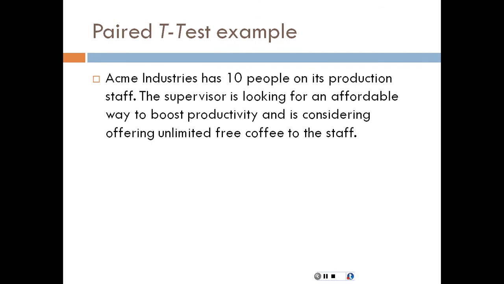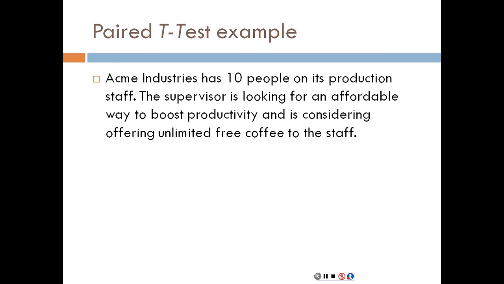So let's look at an example of a paired t-test. Acme Industries has 10 people on its production staff. The supervisor is looking for an affordable way to boost productivity and is considering offering unlimited free coffee to the staff. So, would you produce more work if you had free coffee all day long, every day of the week?